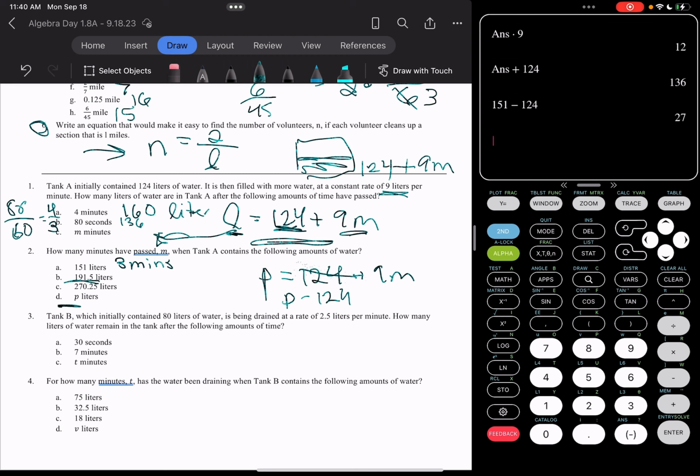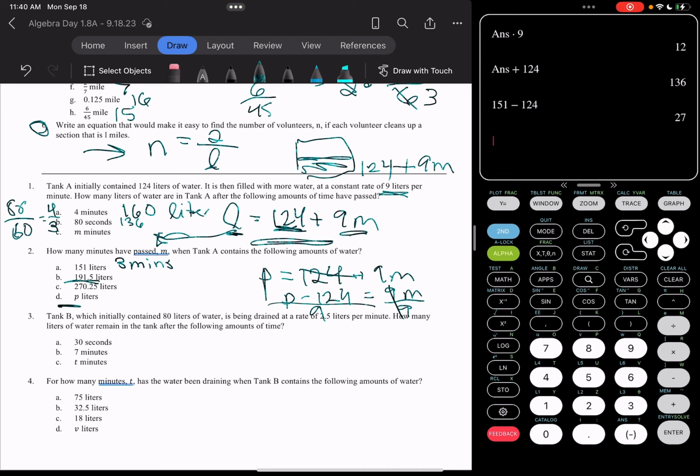We subtract 124 from both sides equals 9m. And then we need to divide by 9. So the equation to use is minutes equals your end amount of liters, P minus 124, your starting amount of liters, divided by 9, how many liters per minute it's growing.